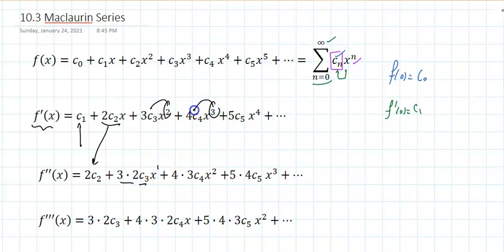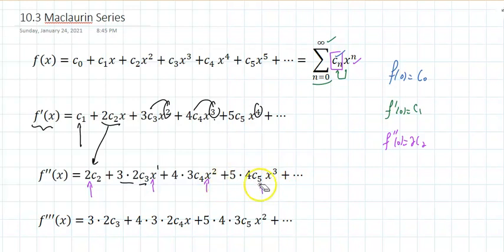Bring the power down, 4 times 3 c sub 4 x squared, and the list goes on. And if I take the second derivative evaluated at 0, I'll get 2 c sub 2, and I'll notice that the rest of these terms will be 0, that will be 0, that will be 0.